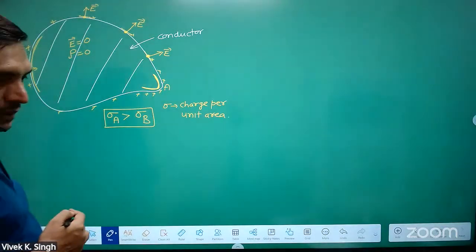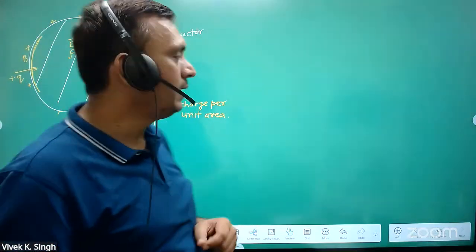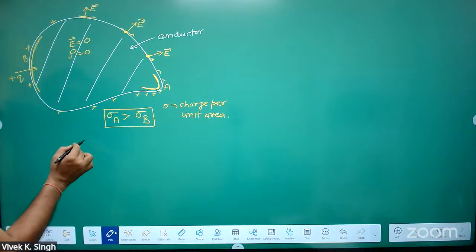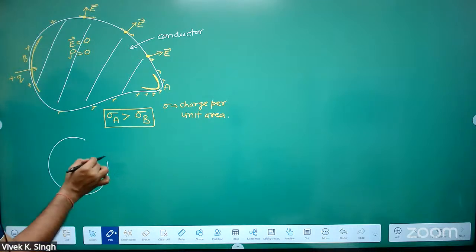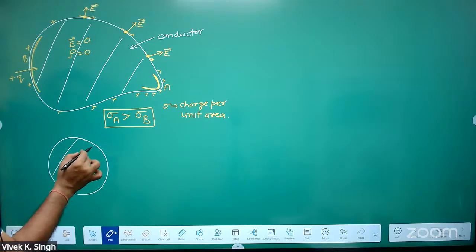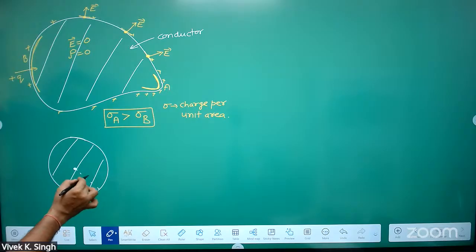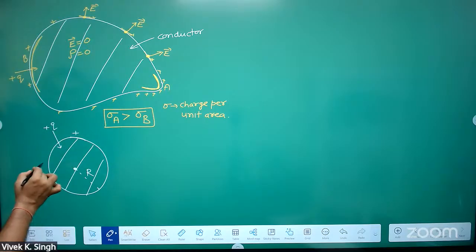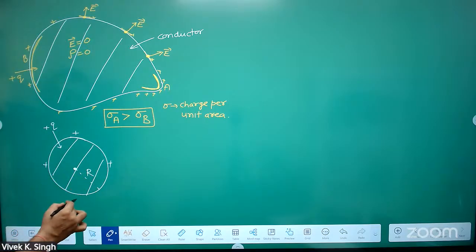Now take another example. If you have a spherical conductor of radius r, and you have given it plus q charge, this charge will be distributed uniformly over the surface.